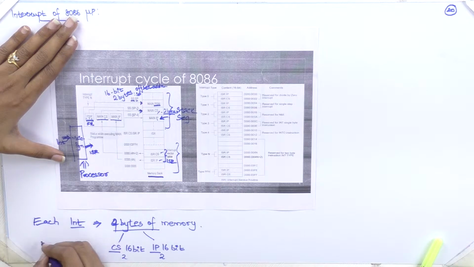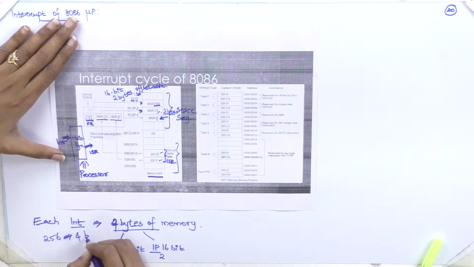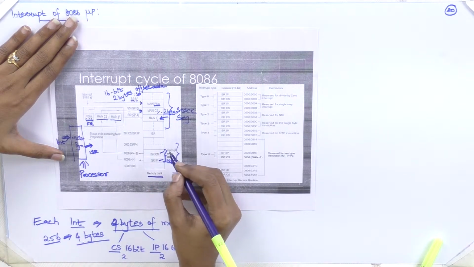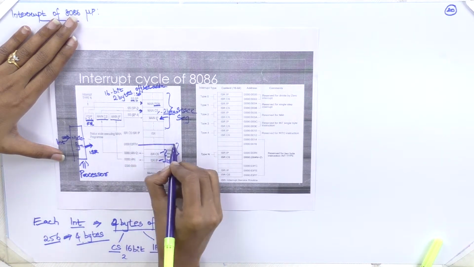So for 256 interrupts, each and every interrupt will occupy 4 bytes of memory, which will hold the code segment and IP value. So this is the vector table, from here to here.